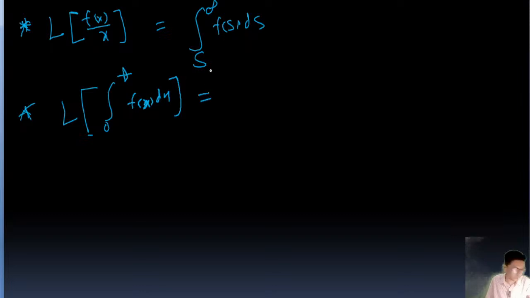The Laplace transform of the integral from 0 to t of f(x) dx is going to be 1 upon s times F(s). This is the property for any integration. So if we have to find the Laplace transform of an integration with this limit, it is going to be 1 upon s F(s).